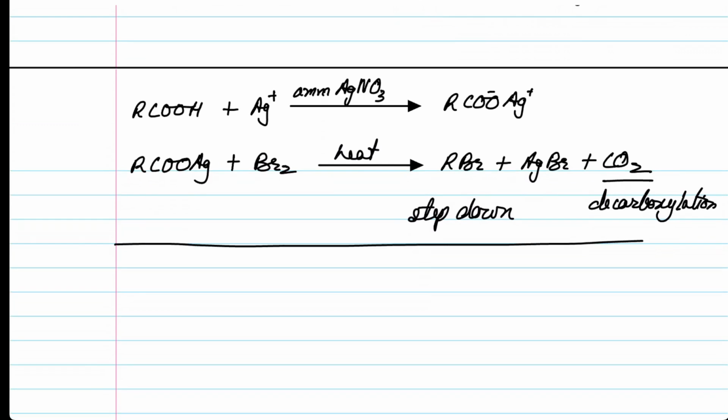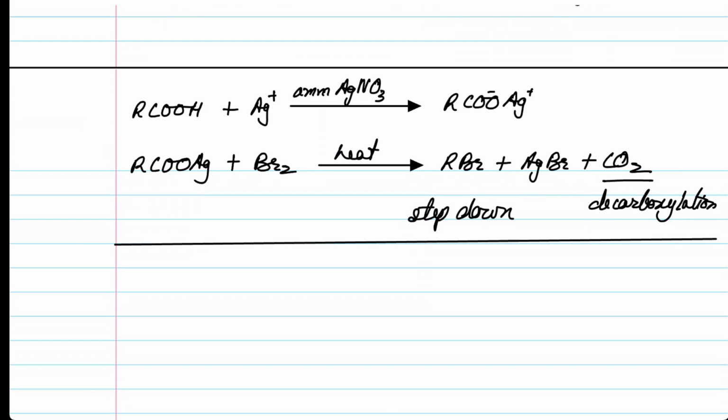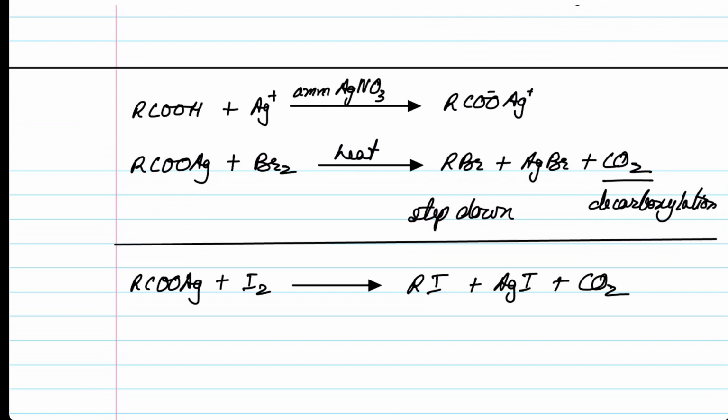If in place of Br2 we use I2, we have again RCOOAg, and we use I2 in place of Br2. The step again is going to be the same. RI would be obtained, AgI would be obtained, and CO2 would be obtained. But RI is extremely reactive.